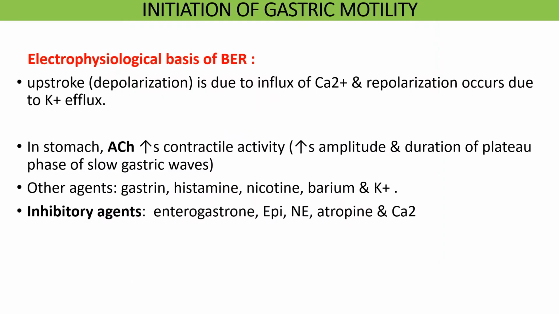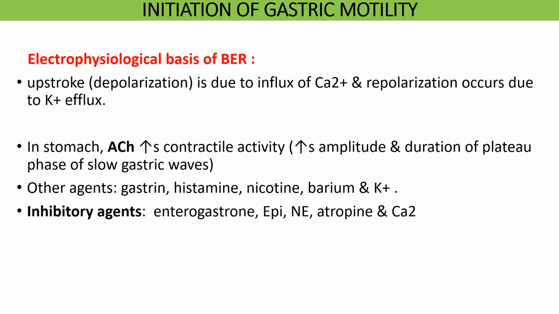The electrophysiological basis of basal electrical rhythm is not entirely known, but it is assumed that the upstroke is due to the flow of sodium and calcium ions into the smooth muscle cell. Especially the influx of calcium ions is responsible for the upstroke, and efflux of potassium ions is responsible for repolarization of the smooth muscle cell.